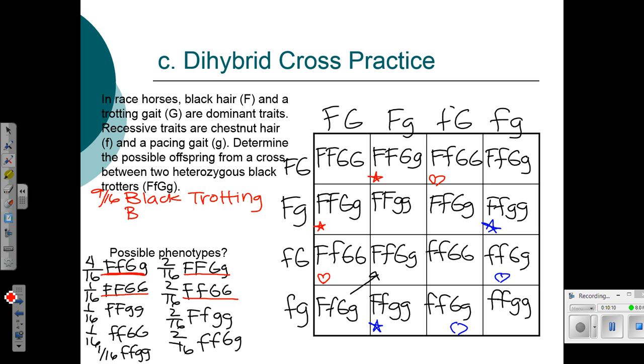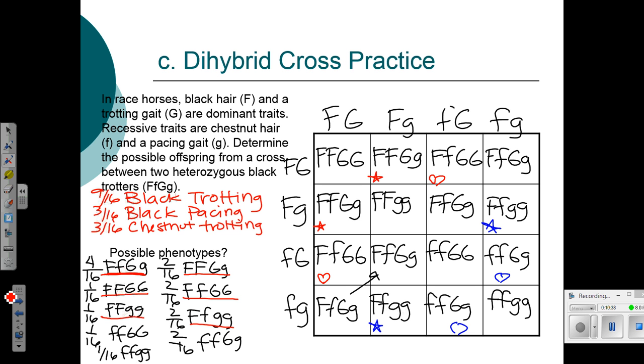Okay, then there's going to be black pacing, which means we're going to be dominant with the F's but little g's. So there's 1, 2, 3. It's going to be the same thing for the chestnut trotters.